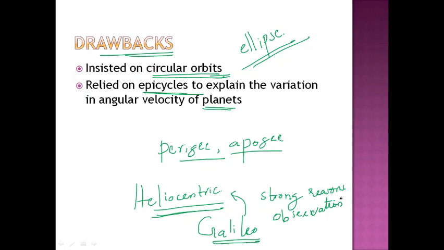So this Copernican model just remained as a proposal on paper. It did not get much attention, and now we will see about Galileo Galilei, who further emphasized experiments, observations and logical reasoning, and who also made this heliocentric model much more acceptable to the world.